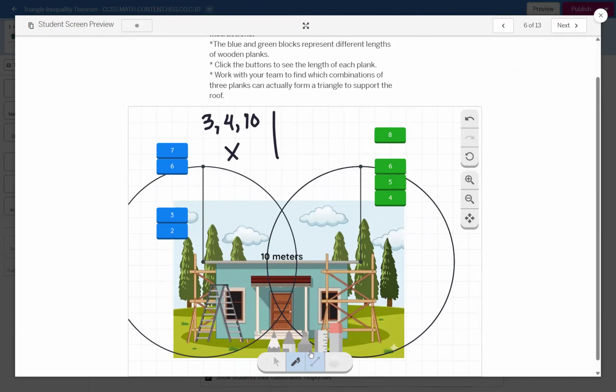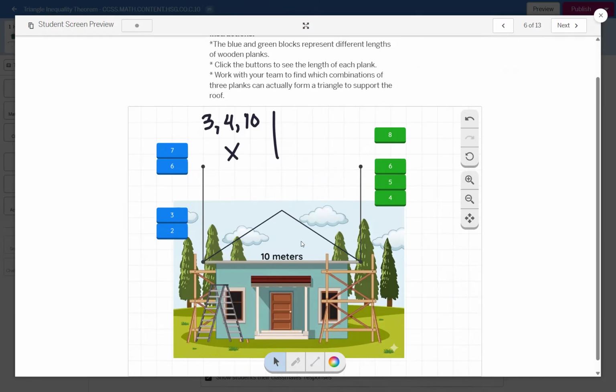If we use the ruler, we can move from here to here, and we can see that they meet at a specific intersection of their circles. So we can form a triangle right there. We can erase the circles, and we have a roof already. So with the 6, 6, and 10, we can form a triangle.